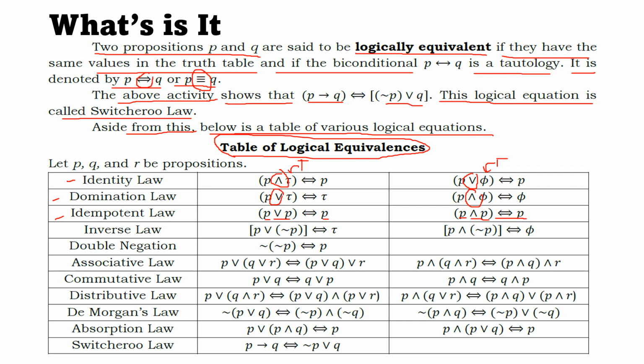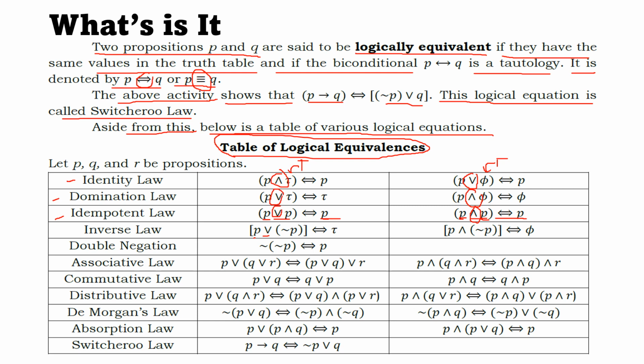But the logical equivalence P conjunction P biconditional P, and P disjunction P biconditional P are true for all P. That's how we define it: whatever value we put as the value of your P proposition, it will provide you with a true statement, or a true resulting value.